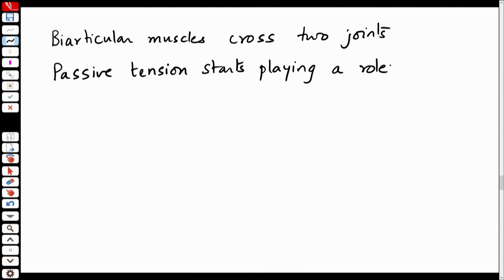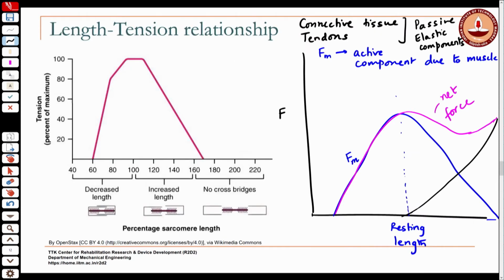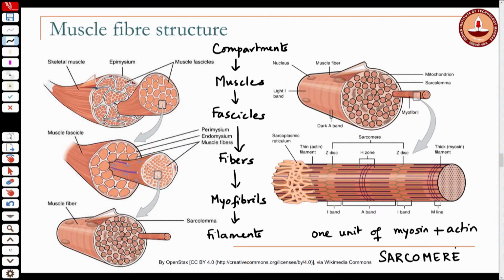And also you start operating at the two extremes of this curve. Okay, so let us see. A biarticular muscle crosses two joints.